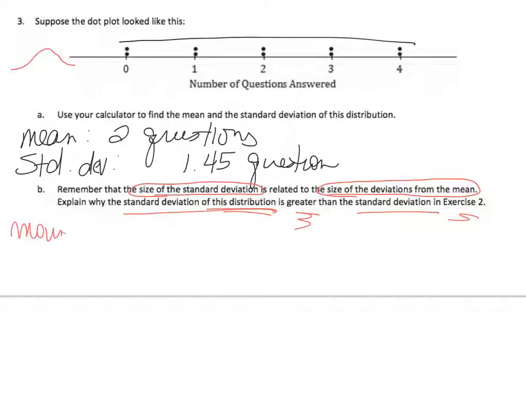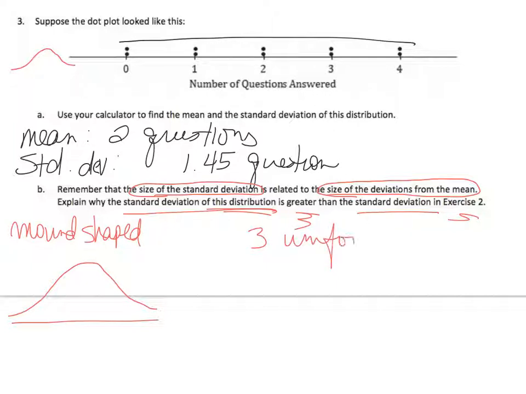For exercise 2, we had a mound-shaped distribution. I mean, it looked very much like this. And then for exercise 3, it was very uniform. Everything looked like that, a straight line across. Okay, so there's your reasoning.